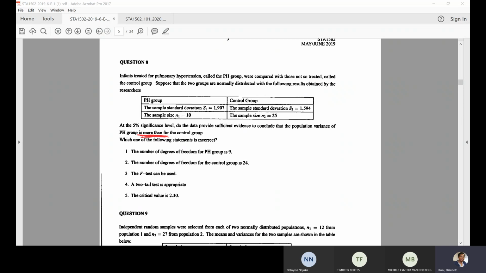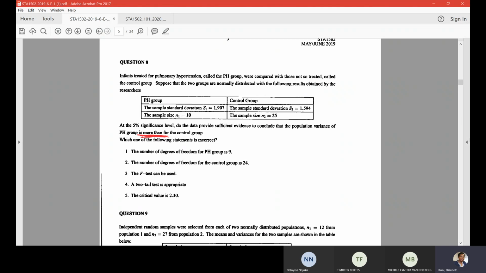So how many do we have for pH? We have 10 minus 1. We're looking for the incorrect answer. So this is correct. The degrees of freedom for control will also be N2 minus 1. We have 25 minus 1.